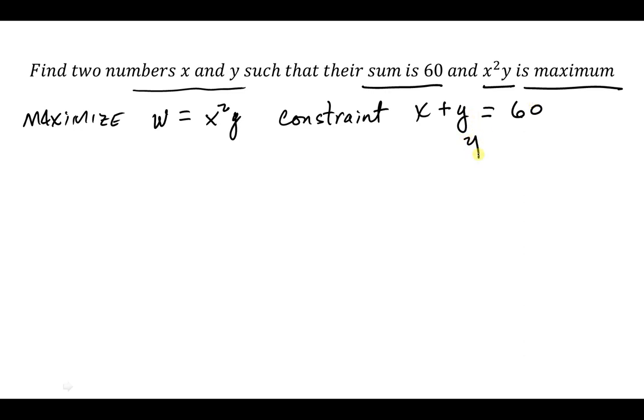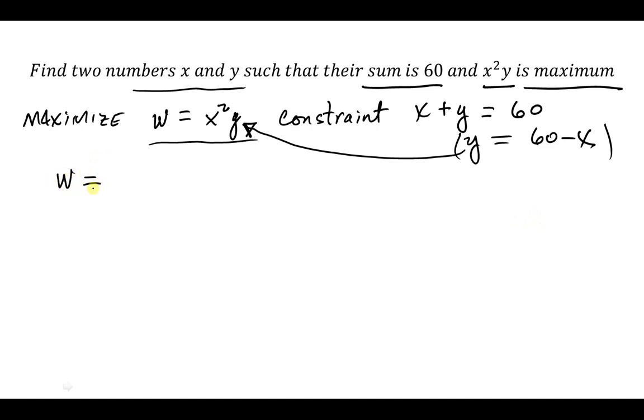So we can solve for y and say that y is equal to 60 minus x, and this will allow us to substitute y into the first equation so that we will have only a function of x. Notice that right now we don't know how to take a derivative of a function that has more than one variable. So to reduce the number of variables and to complete the solution, we substitute y equals 60 minus x.